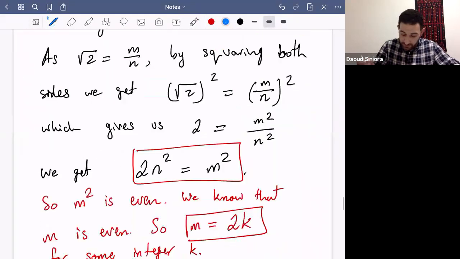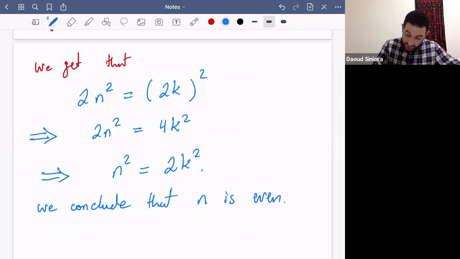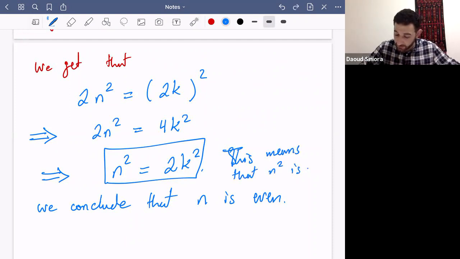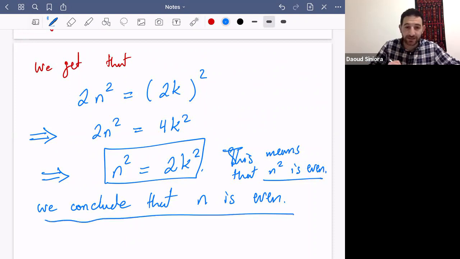So from here, we know that this means that n squared is even. And now using the corollary, we know that if n squared is even, we conclude that n itself must be even. And now we have a contradiction.